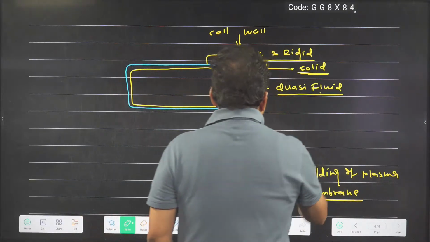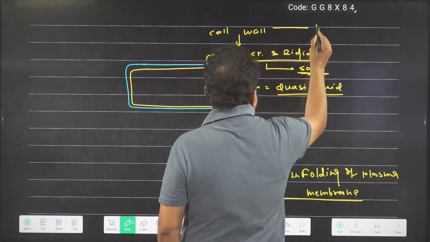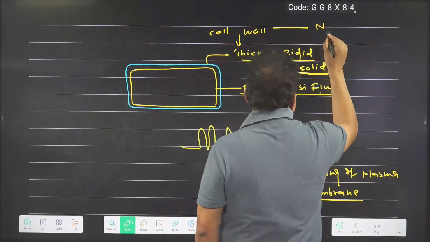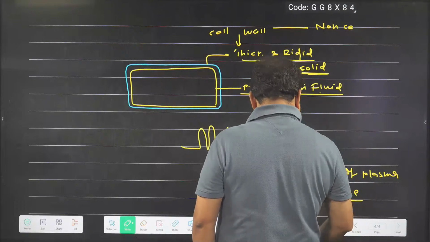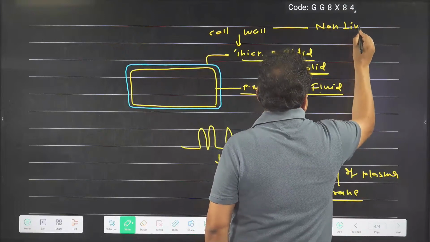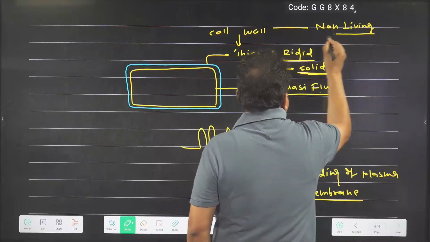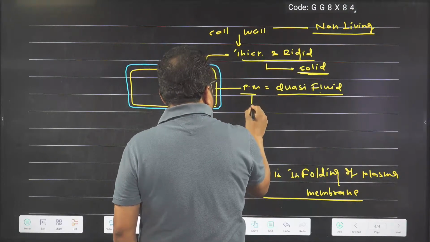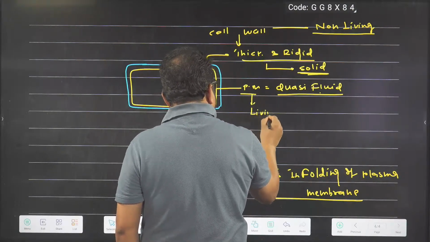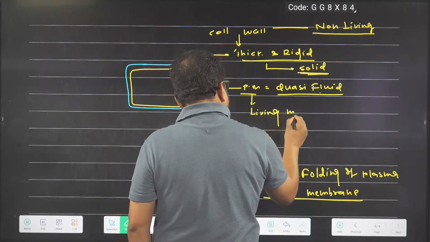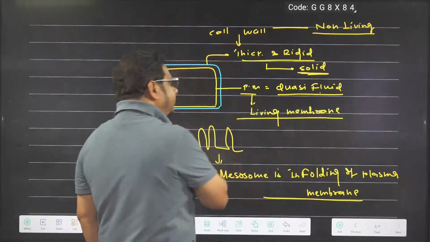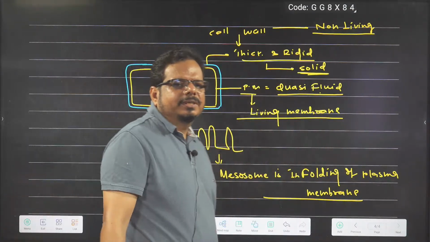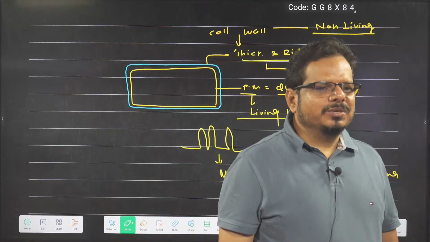Cell wall is non-living. Plasma membrane is living. I told you in the beginning when I was teaching cell wall. You can recall that lecture. I wrote it is a non-living boundary, and plasma membrane is a living membrane. Got the idea? Is it clear? Any other question?